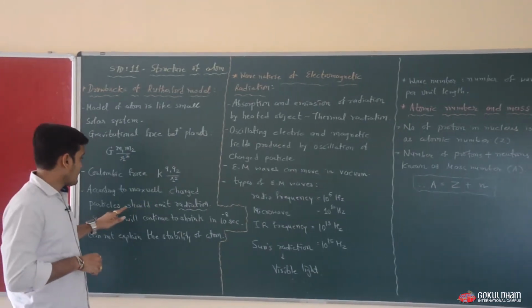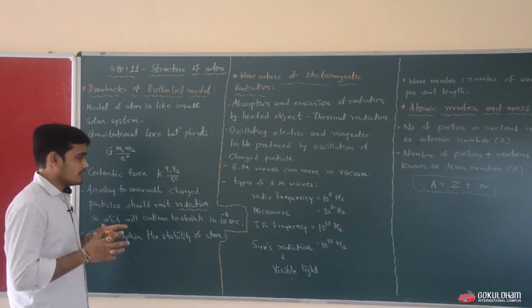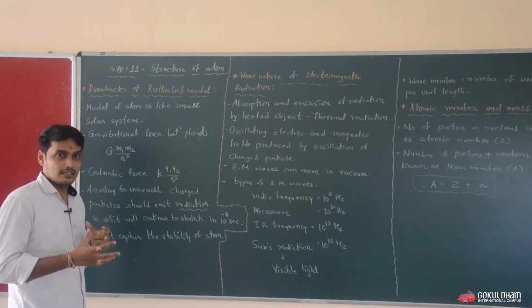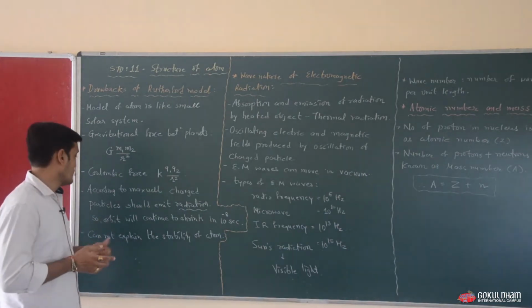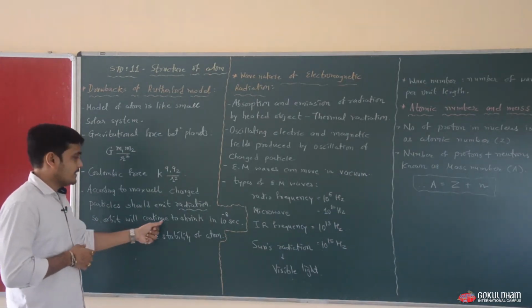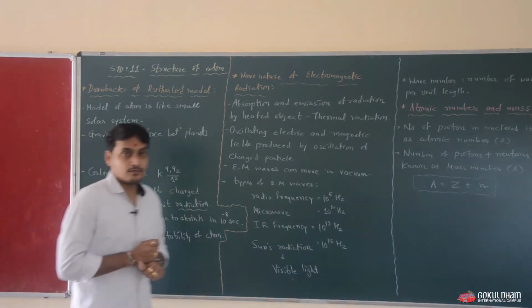When the particle emits the radiation, a strong attraction field is generated. According to that attraction force, the orbit will continue to shrink in 10 raised to minus 8 seconds.